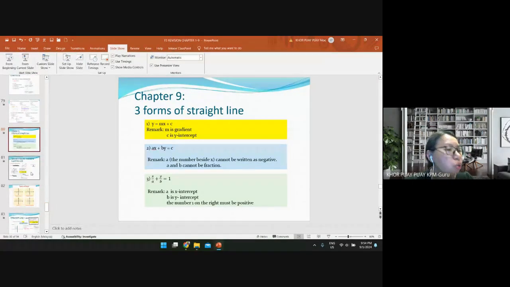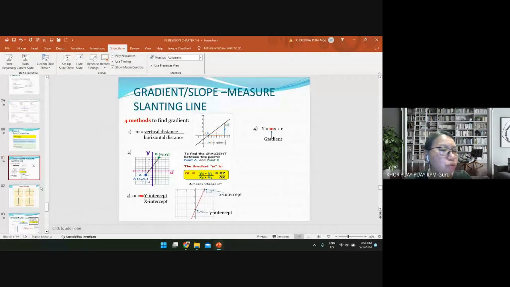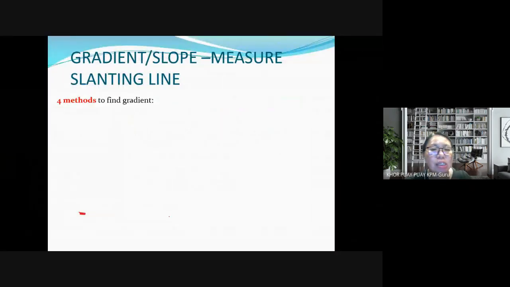Okay, so make sure you go and find out how to change. And please remember how to find gradient. Gradient means how slanting a line is, kecerunan garisan. The m, if the gradient is higher, means the line will be very high. If the m is lower or very small, means the line is not so steep. So there are 4 ways that you must know.